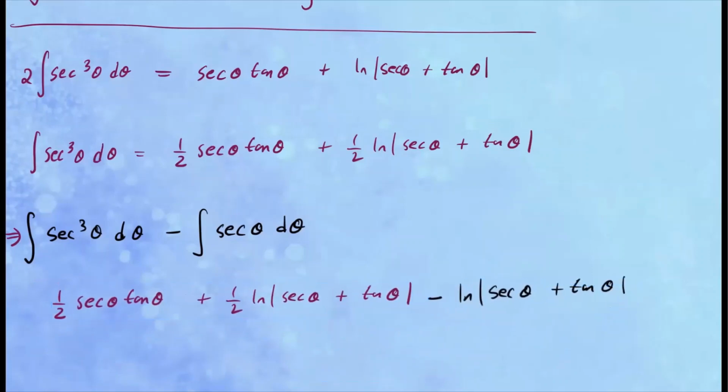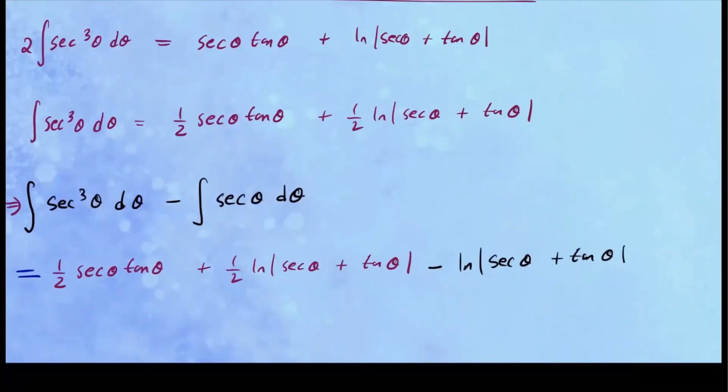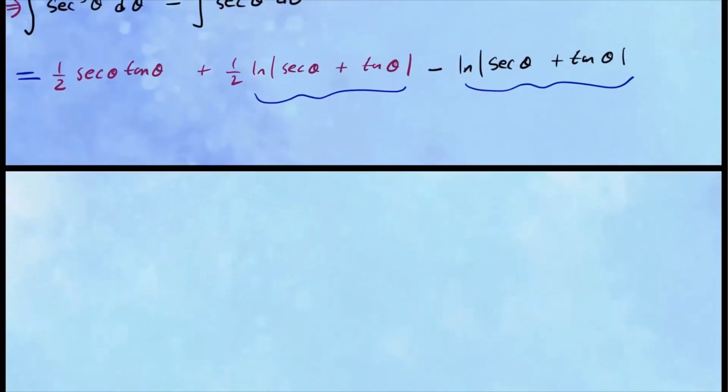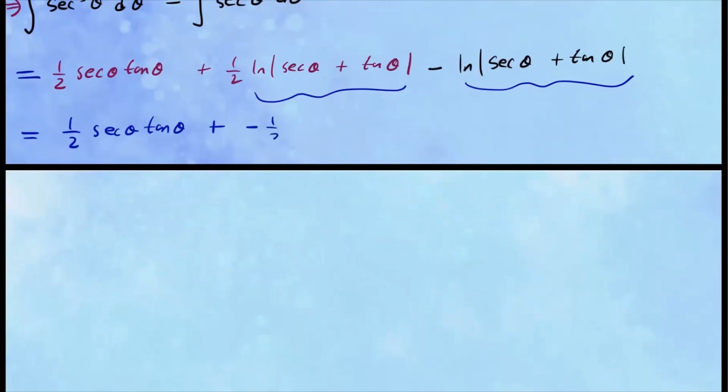So this is equal to that. And we can combine some like terms. For example, these two can be put together. So we can say our final answer is 1/2 secant theta tangent theta plus 1/2 minus 1, that would be a negative 1/2 ln of secant theta plus tangent theta plus c.